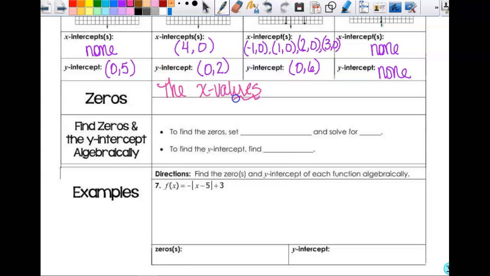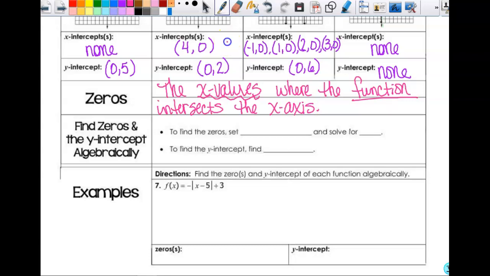This is key: the x values, not an ordered pair, where the function, and we're specifically talking about functions here, intersects the x-axis. So here's a key difference. If I ask you for an intercept, you are giving me an ordered pair. If I ask you for a zero, it is just the x values.